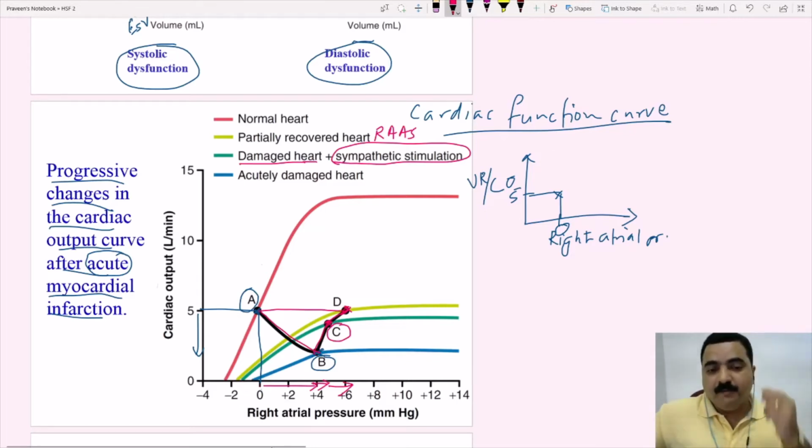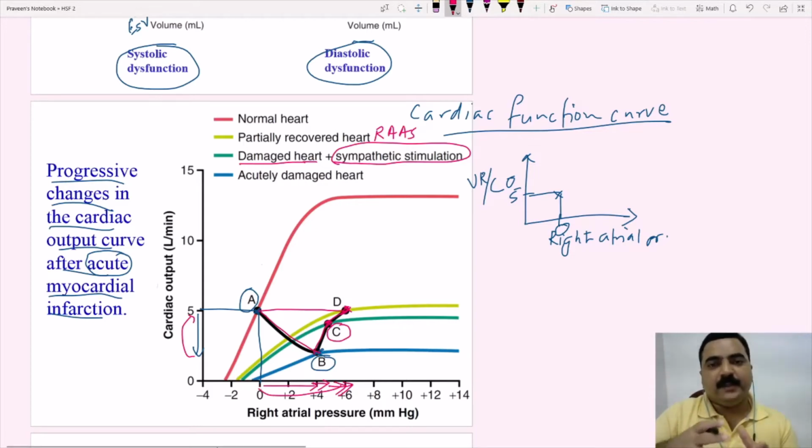But you can see very clearly that even though the cardiac output on the y-axis has been brought back to normal, the right atrial pressure has gone far away from the normal. It has to be 0, but it has gone far away. That means the blood is getting pooled in the heart, but compensation happened and the cardiac output has come to normalcy.